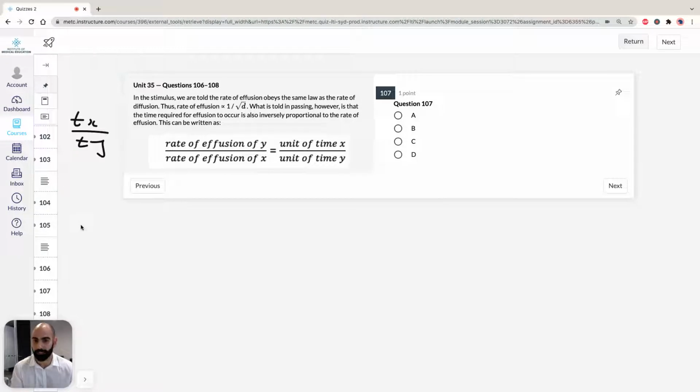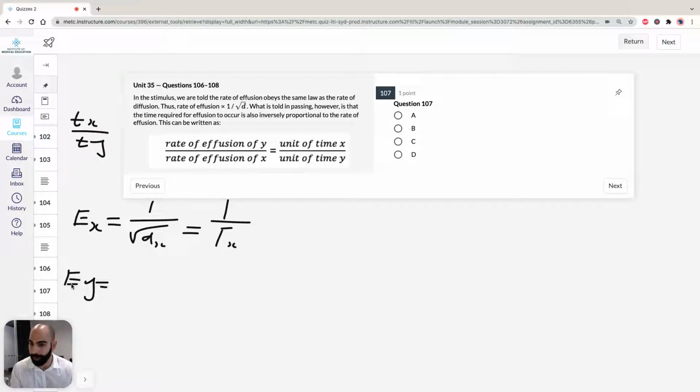So the rate of effusion for X is equal to 1 over the square root of its density, which also equals 1 over time X. The same can be written for Y: the rate of effusion for Y is 1 over the square root of the density of Y, which also equals 1 over time Y.